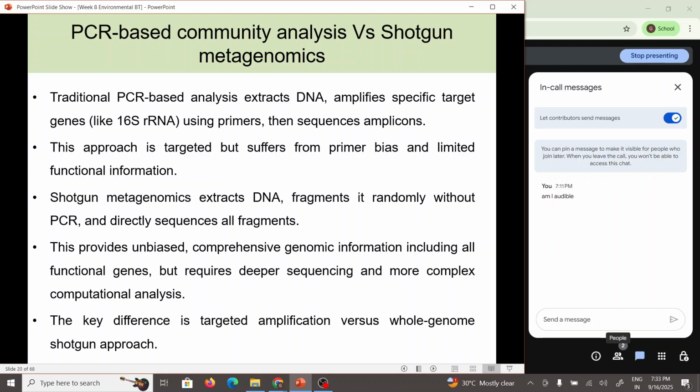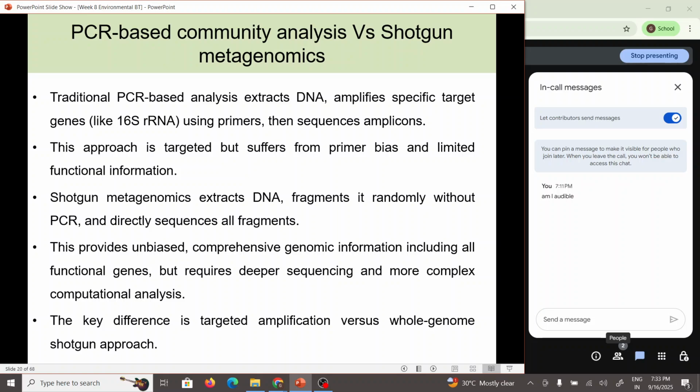When we have a large amount of DNA to be sequenced, we need deeper sequencing methods where the sequencing does not leave any of the DNA that is present. Initially we saw that because of the use of primers, some DNA may be left without being analyzed. In this case, the sequencing method should be robust enough so that it does not leave out any of the DNA fragments that are available.